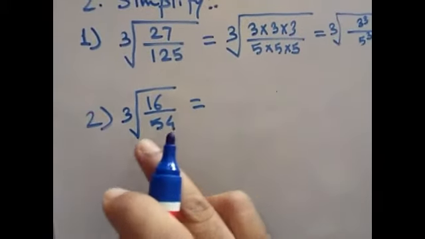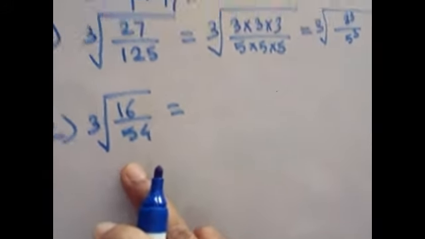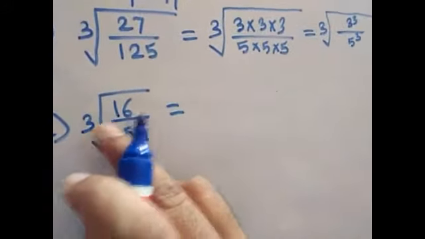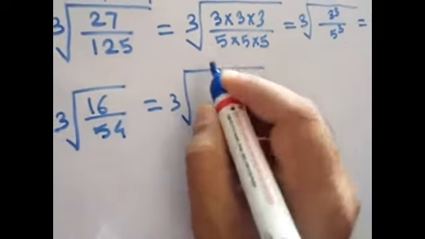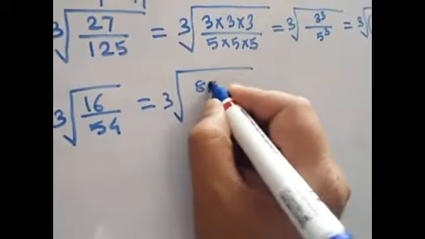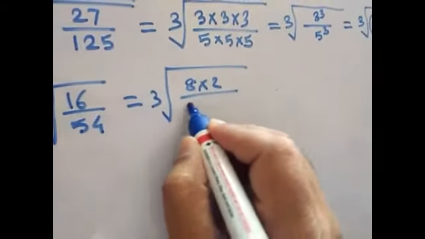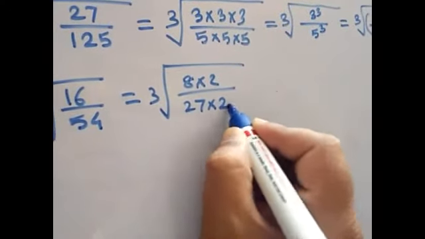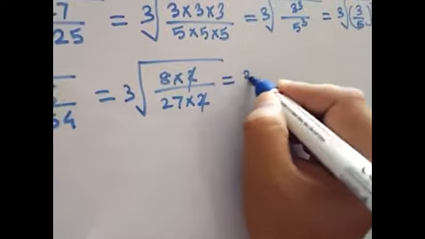The second number is cube root of 16 divided by 54. How do we write 16 and 54? See here, 16 we write as 8 into 2, and 54 we write as 27 into 2. These 2s get cancelled.